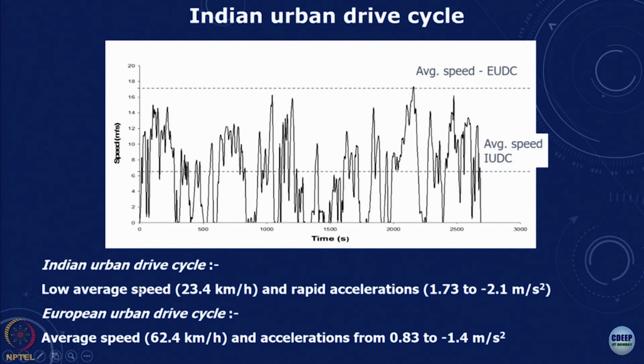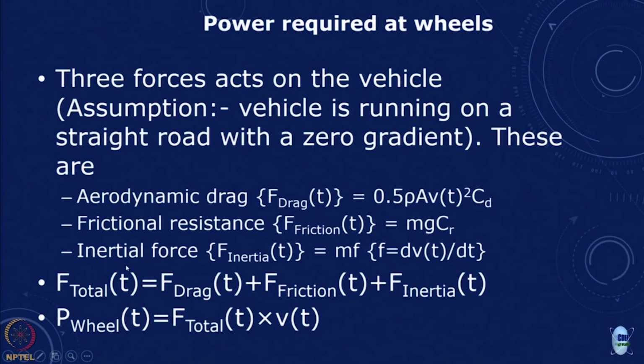So with this drive cycle, we then calculate. There's a freely downloadable software called Advisor. You can put in the values over there to choose your vehicle characteristics, and you can also just calculate it upfront by calculating the power required to overcome the drag, the frictional resistance and the inertial force, and then this gives you the total, and then you have the power at the wheel.